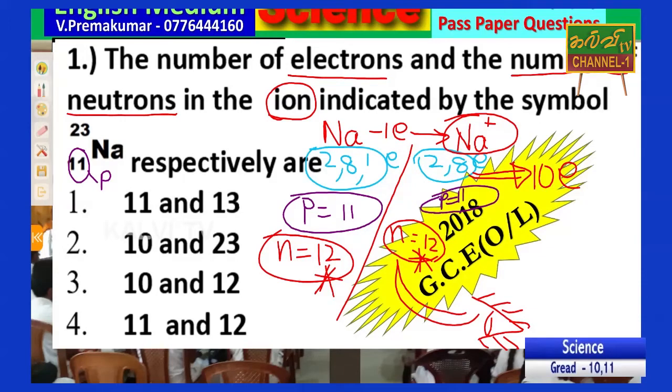Therefore we find here 10 electrons. This is for electrons. 12 neutrons, here 12 neutrons. Therefore the number is 12. So the correct answer is 10 and 12.